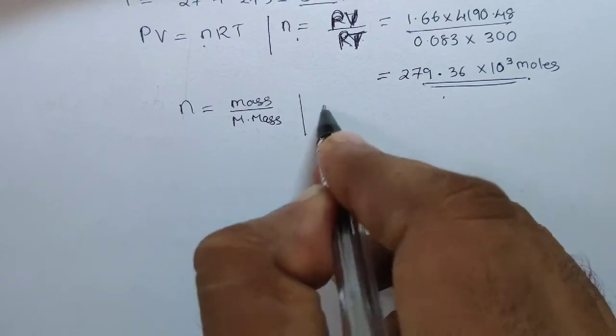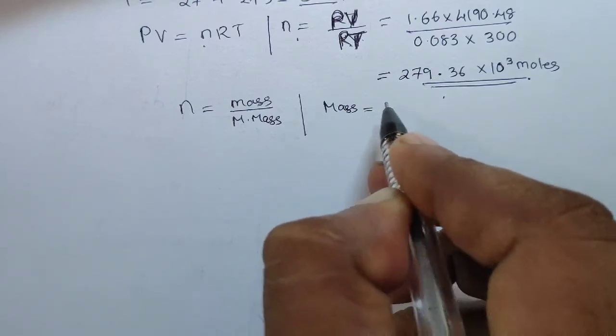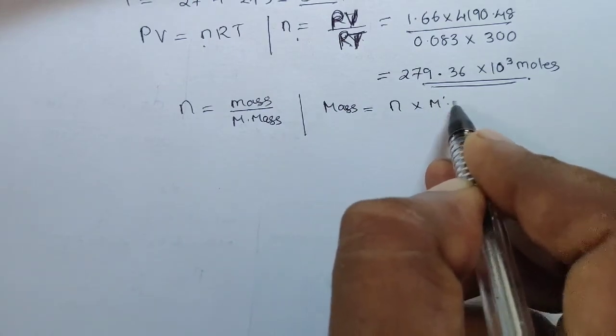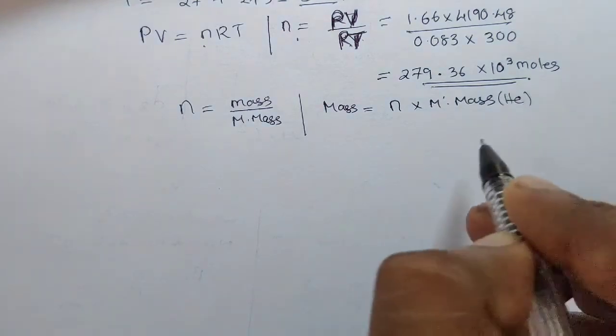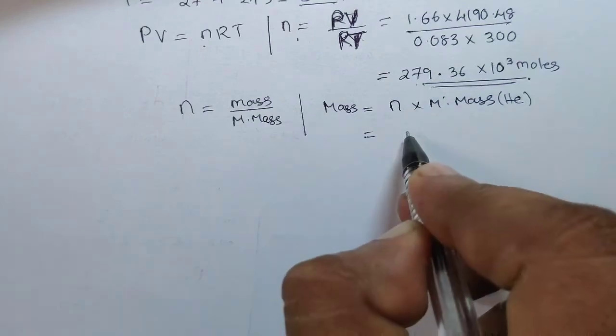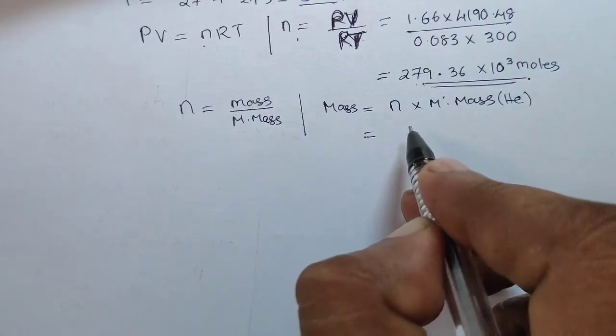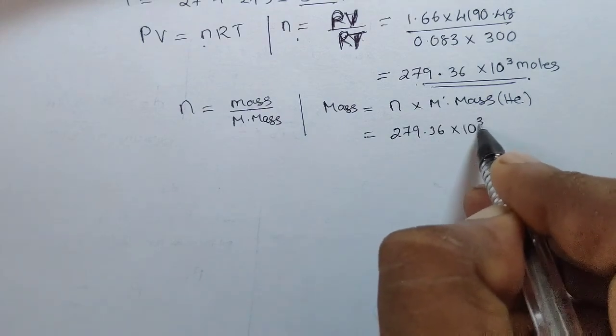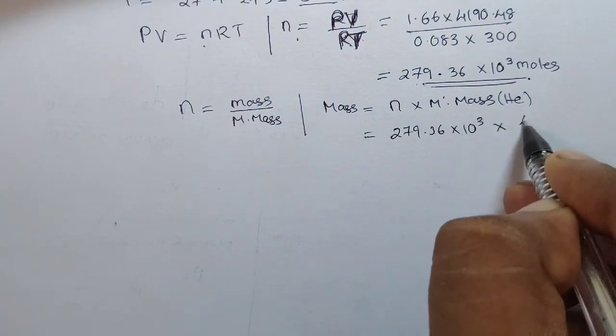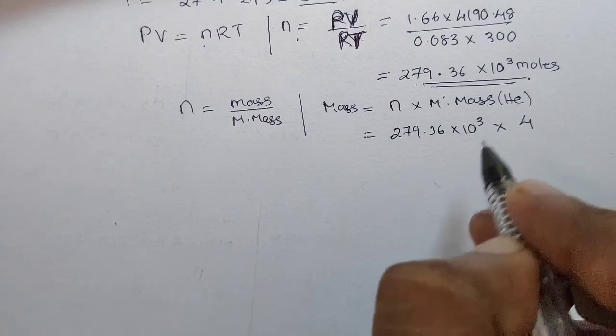So if I want to find the mass, it will be equal to n into molar mass. This I am talking about helium, right? So the number of moles of helium we got is 279.36 into 10 raised to 3 moles into the molar mass of helium, which is 4.